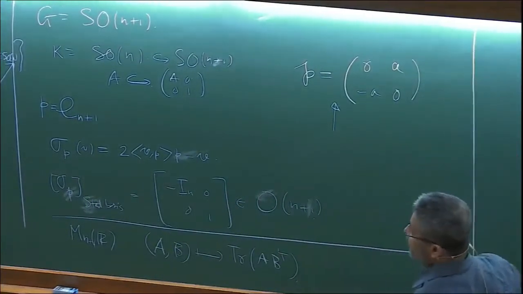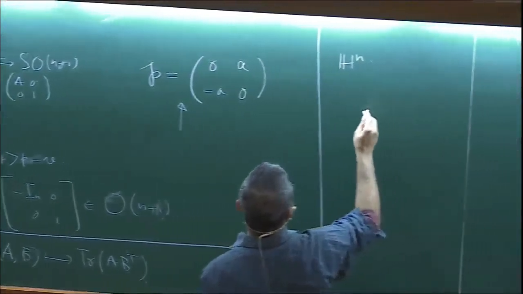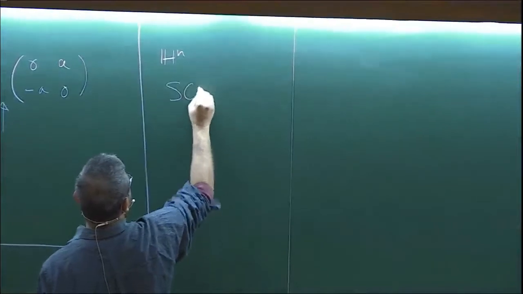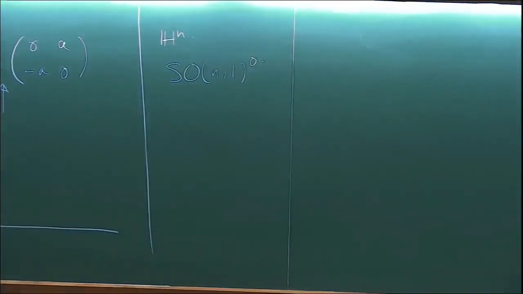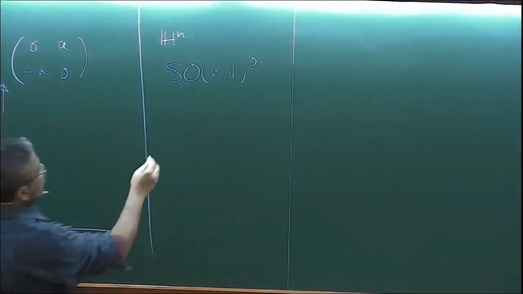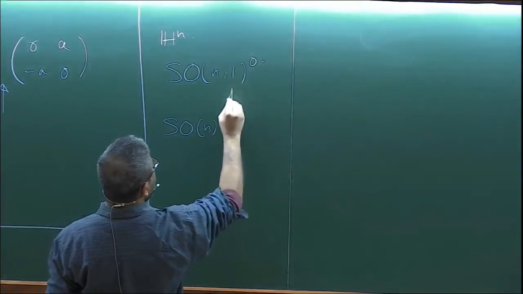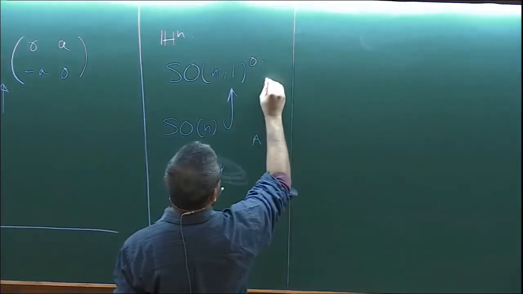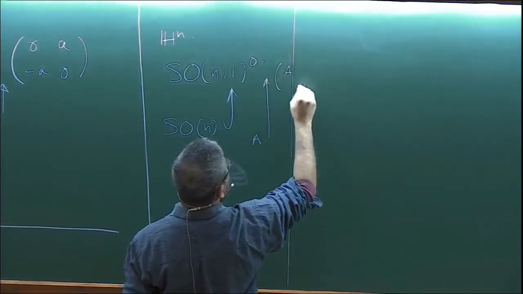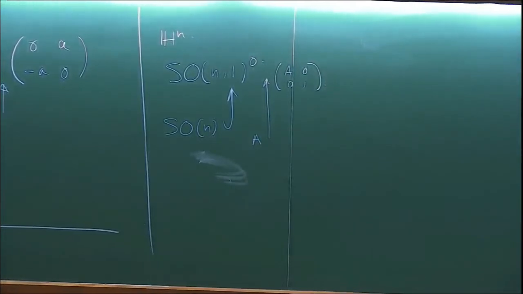So let's talk about the third one, H^n. My connected component of the isometry group is the connected component of SO(n,1), and SO(n) again sits here as A going to A, 1, 0, 0.